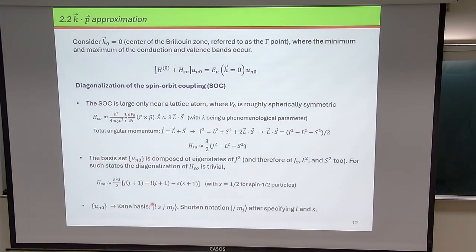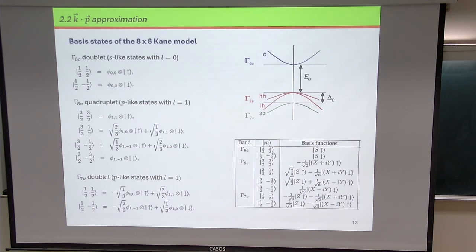We're talking about electrons, and L could be 0 or 1, so I will just say if it's the conduction or S band, I have L equals 0, without writing the value of L. The relevant numbers I will be using are J and Mj. This is essentially how you can write the states in terms of this basis.